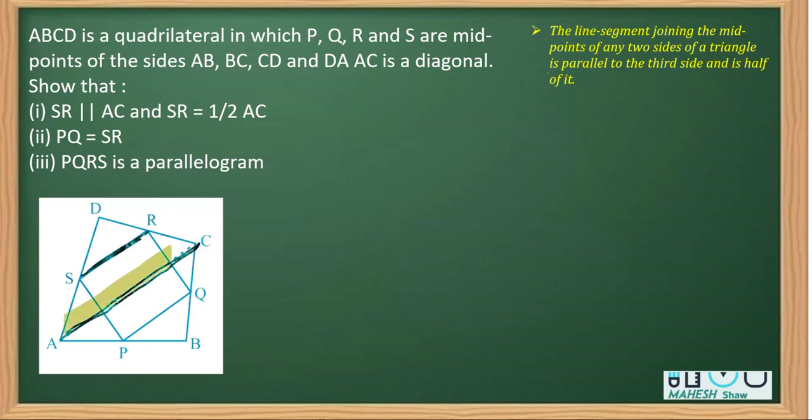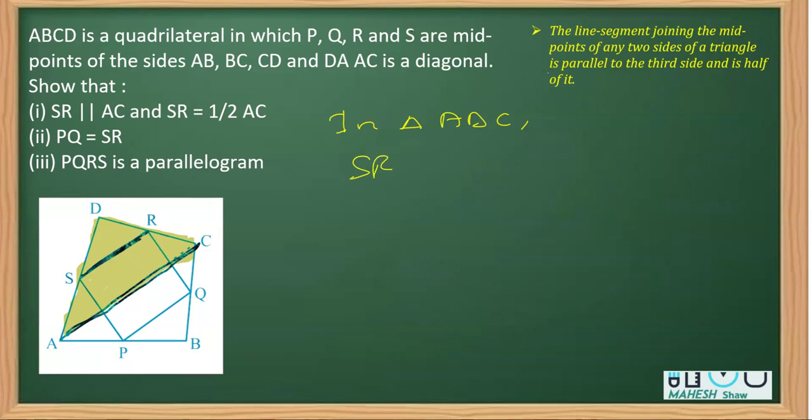Let's first consider the triangle ADC. Why so? Because we are going to apply the midpoint theorem in this triangle. We have triangle ADC, and you can write S and R are the midpoints of the sides AD and DC.